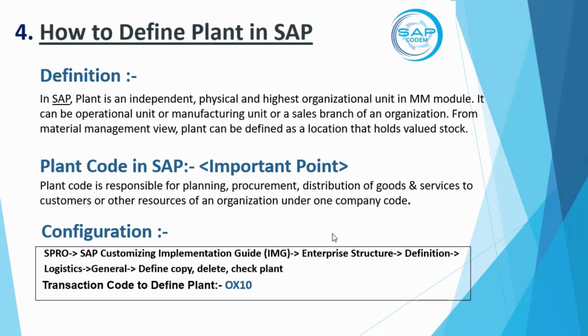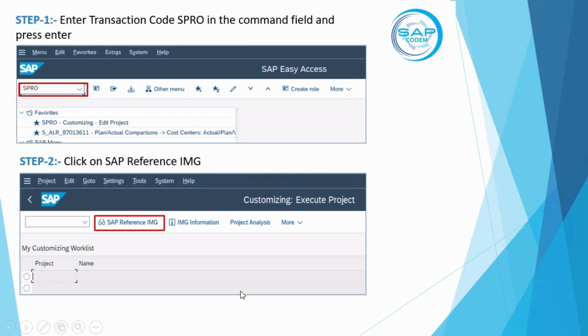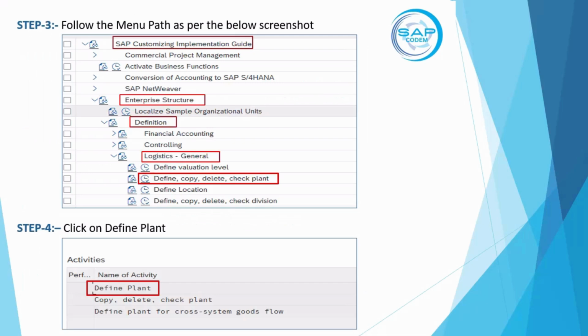These are the two patterns followed here. The entire path is given, and the T code you can go by directly is also mentioned in this presentation. We are mostly following the IMG implementation guide, SPRO IMG, the same pattern throughout this entire PowerPoint presentation.